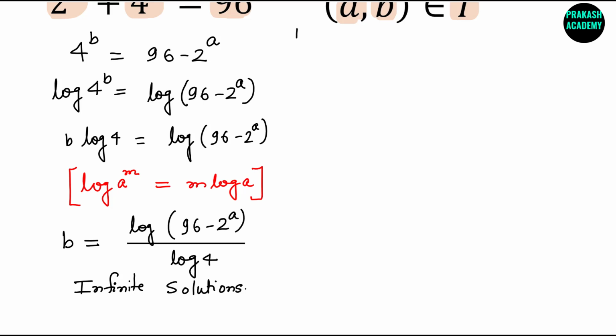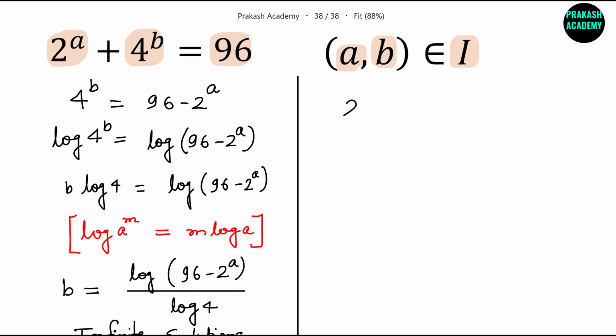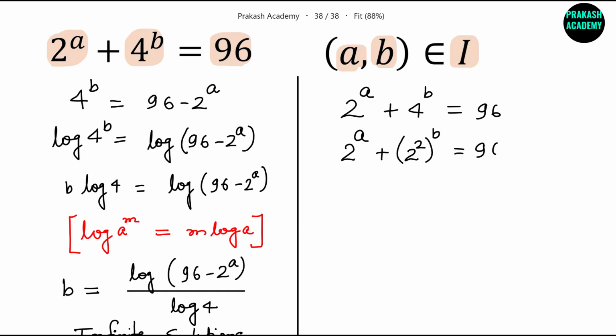So let us see how we can approach this problem if I want to look for only integral solutions. We have 2 raised to the power a plus 4 raised to the power b is equal to 96. Now 4 I can write as 2 squared and then raised to the power b, which is equal to 96.